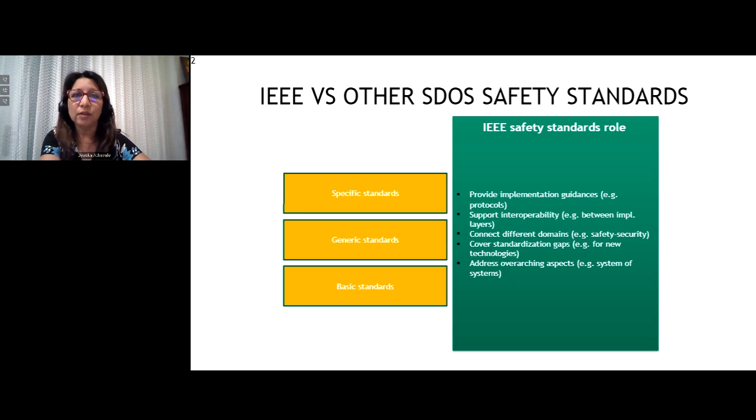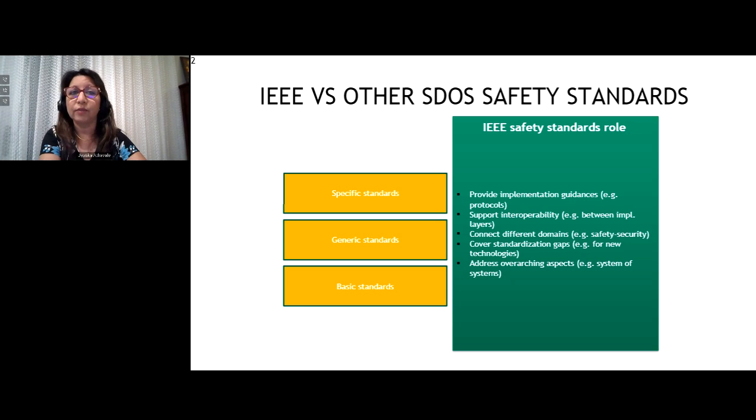So on this slide, we briefly talk about the position of IEEE versus the other standards development organizations and how the IEEE standardization activity fits within the governing standards, which are as listed here. We have the basic standards. These are standards in case of automotive, such as the ISO 26262, the ISO 21448, the ISO 21434.